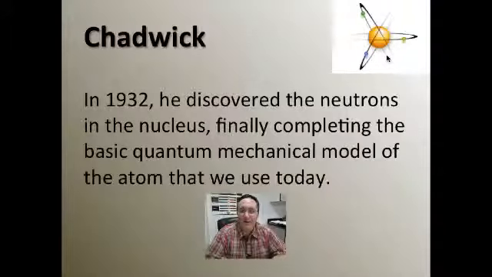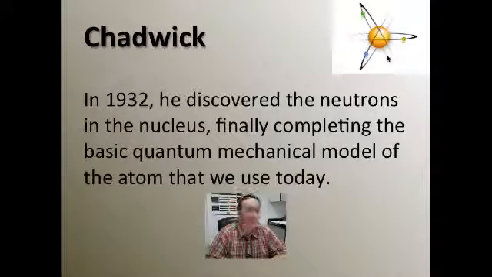To kind of round everything out, in 1932, a doctor named Chadwick discovered the neutrons. He finally understood and explained why there was some missing mass in the atom. We know that there's mass in the protons, which we talked about, the positive charge.